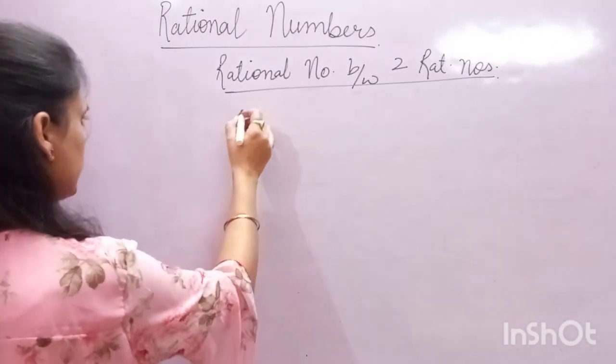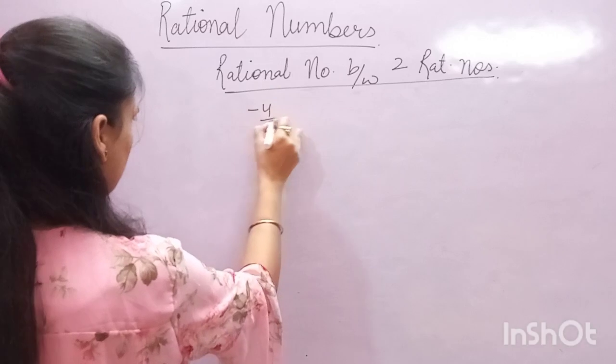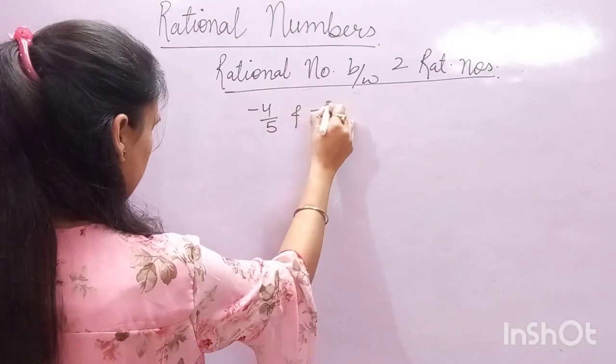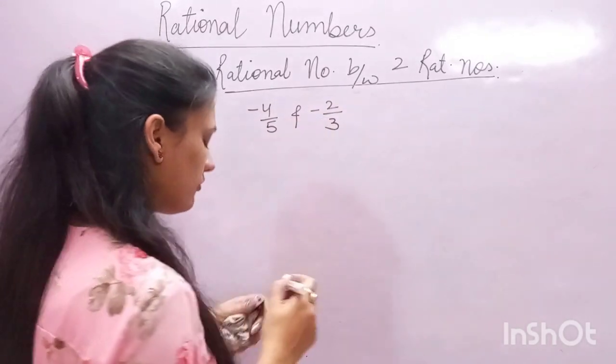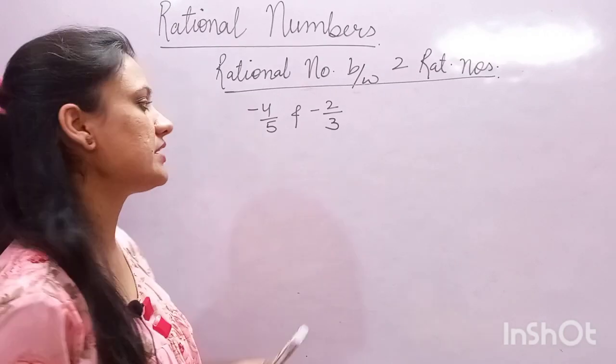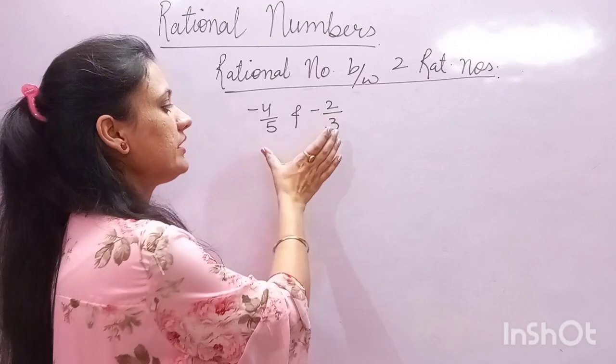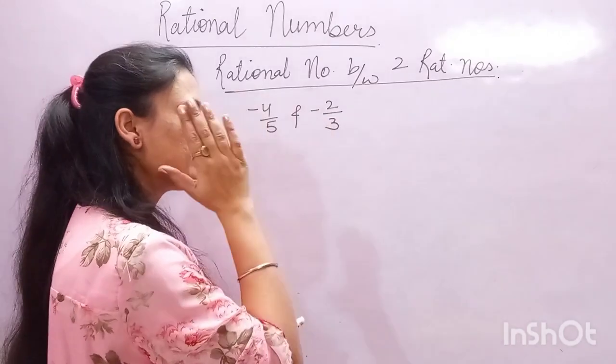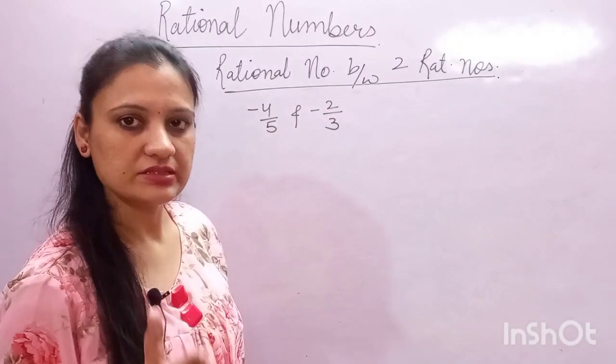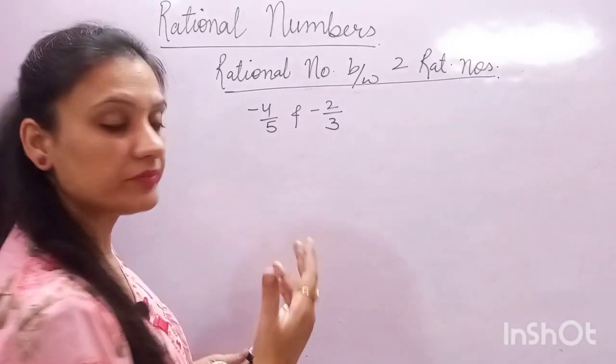Suppose let us take two rational numbers, minus 4 by 5 and minus 2 by 3. Very important thing is taking the LCM first. To find the rational number between any two given rational numbers, make sure the denominators are the same. If not, make them the same.